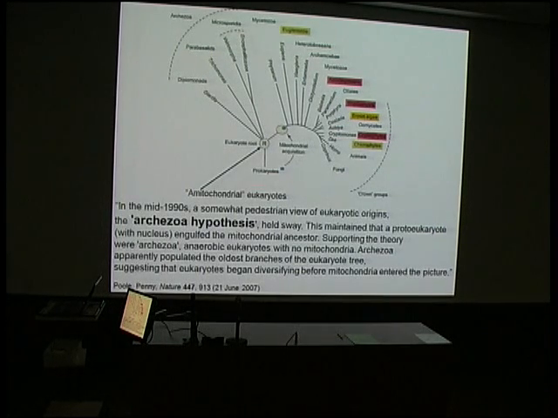This scenario maintained that at the early stages of evolution, there was a proto-eukaryote, which was much like modern eukaryotic cells, with a nucleus, with a cytoskeleton, with a system of endomembranes, just without the mitochondria.